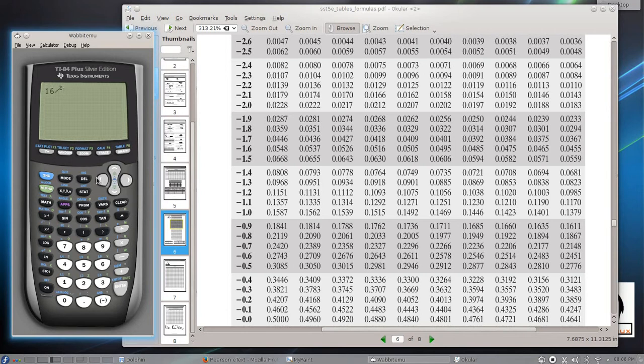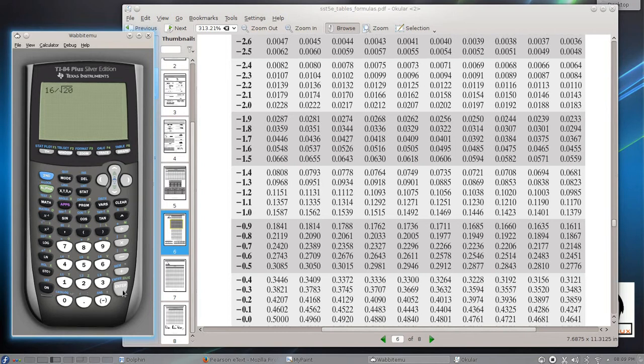Oops, that is wrong. Let's delete all of that. So we have 16 divided by the square root of 20.